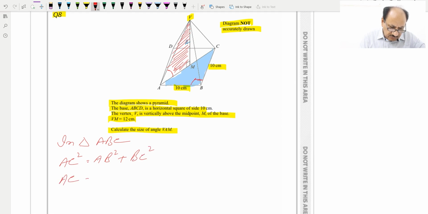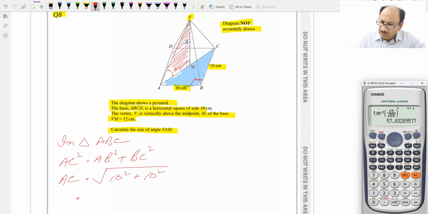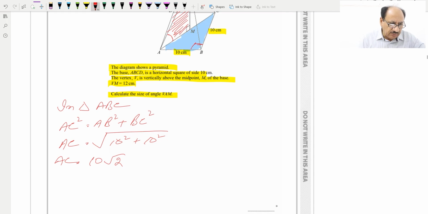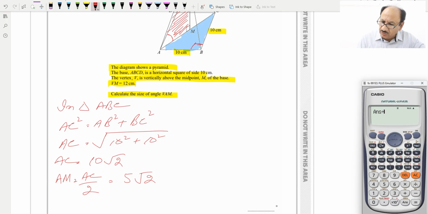So AC will be equal to under root of AB, which is 10 square, plus 10 square, and this we can calculate: 10 square plus 10 square gives 10 under root 2, and this will be AC. But we need AM, so AM is half of AC, so AM is equal to AC by 2, which is equal to 5 under root 2. If we divide this by 2, we get 5 under root 2, which is the AM value.